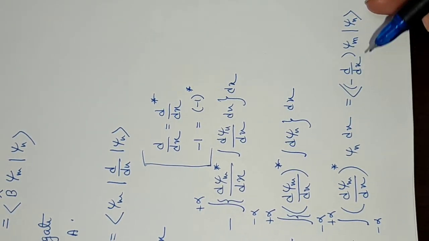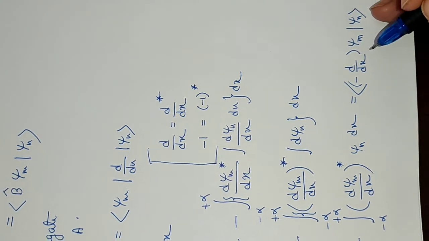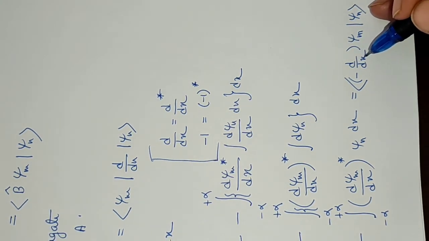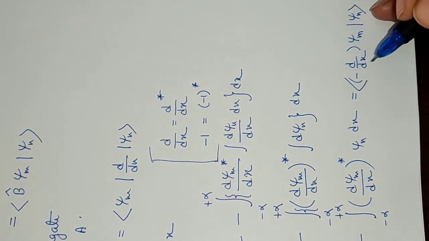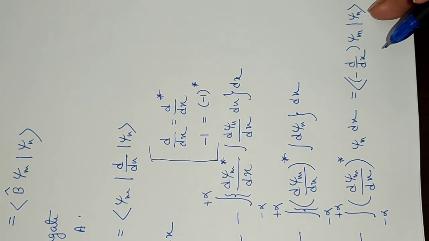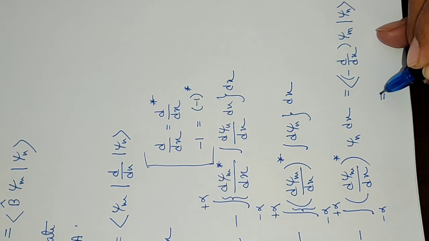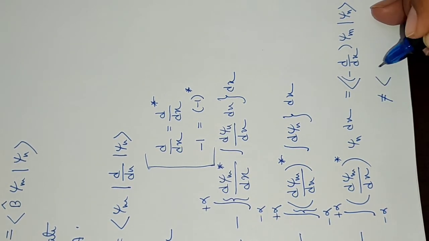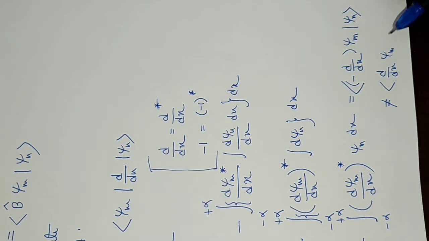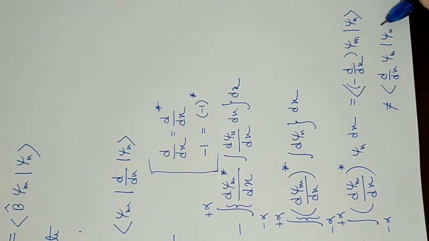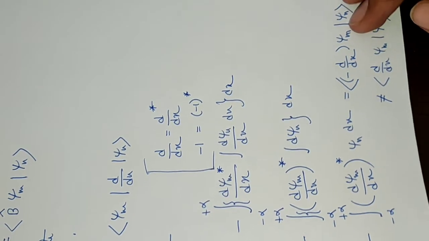minus d/dx. If this d/dx comes out here, it will be said to follow the turnover rule, but instead of d/dx, minus d/dx is appearing here. So in this case we cannot write it as d/dx ψm ψn, it is not equal. Hence d/dx is not Hermitian. Instead of d/dx, minus d/dx is coming.